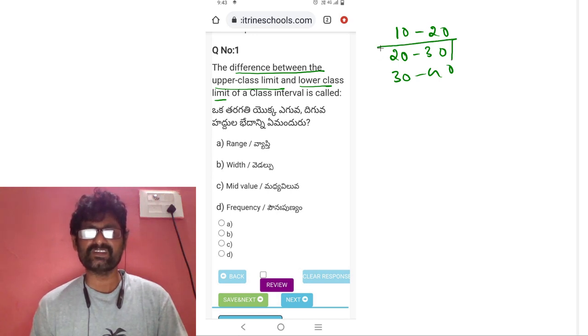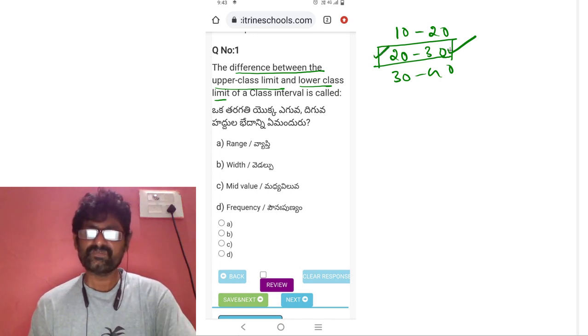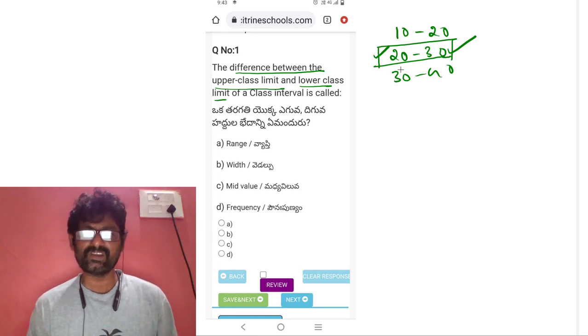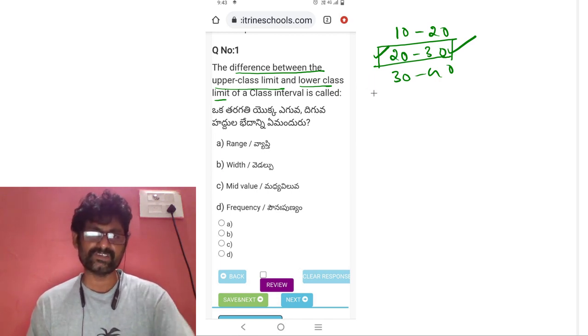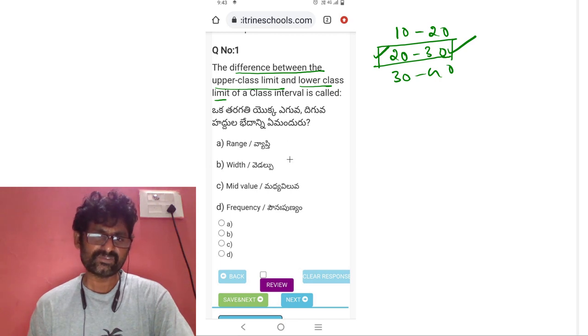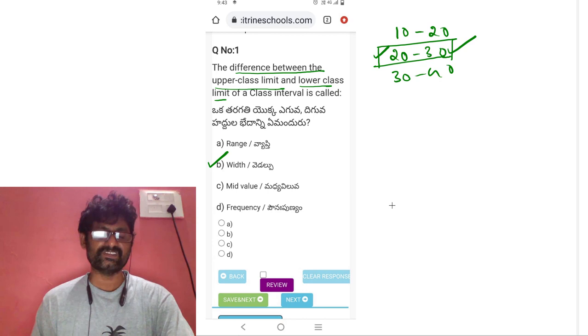If we take the 20-30 class, the upper class limit is 30 and the lower class limit is 20. The difference between 30 and 20, that is the difference between upper class limit and lower class limit, is called, in the options: range, width, mid value, frequency. Yes, that is called width. So option B is correct.